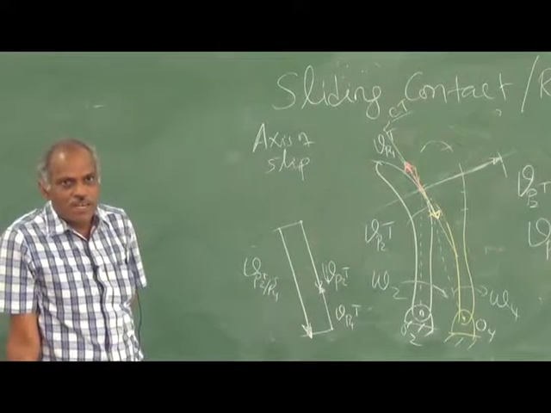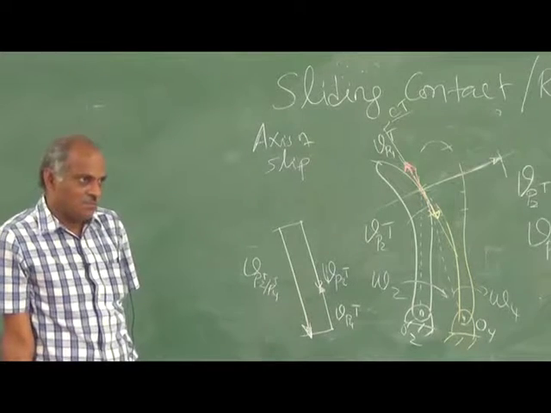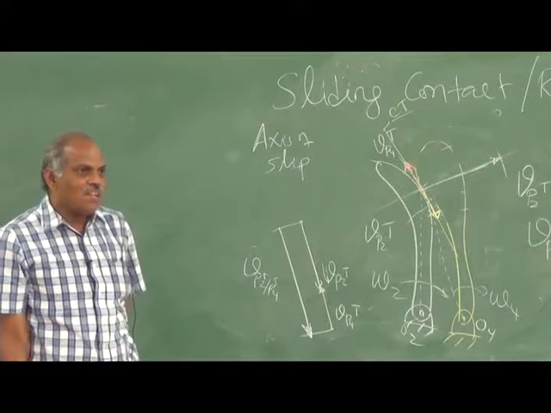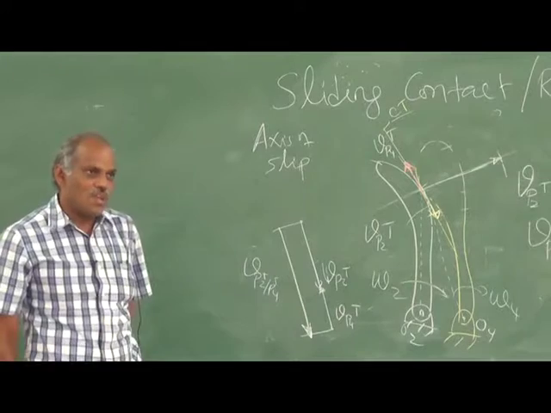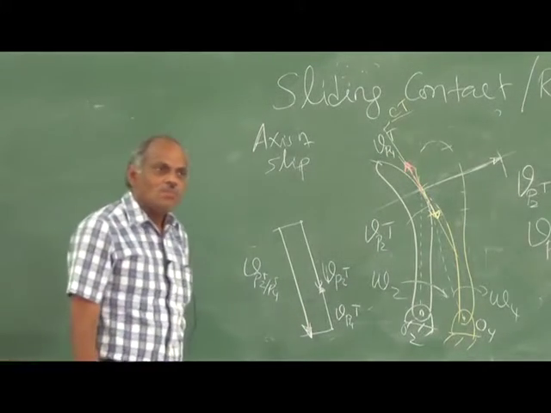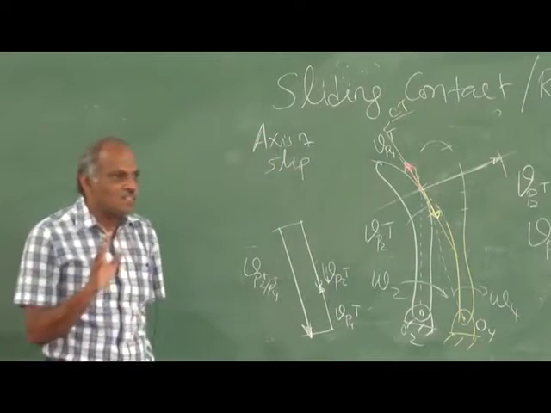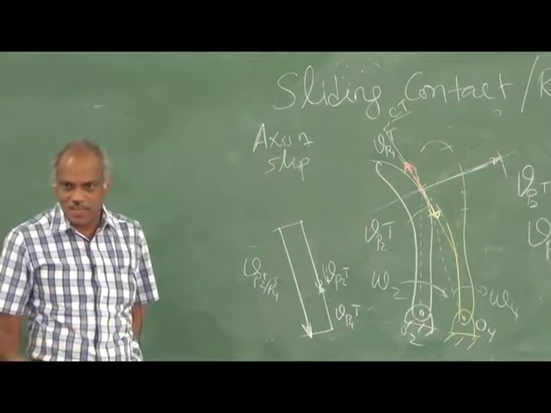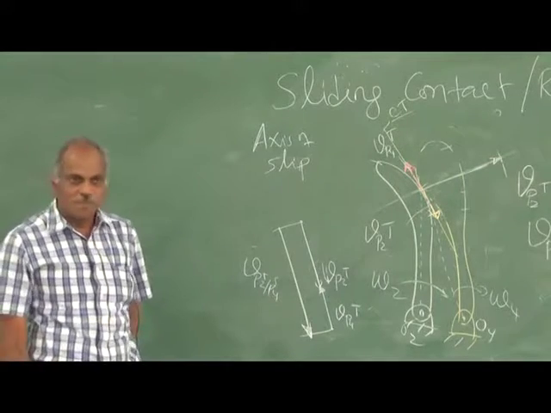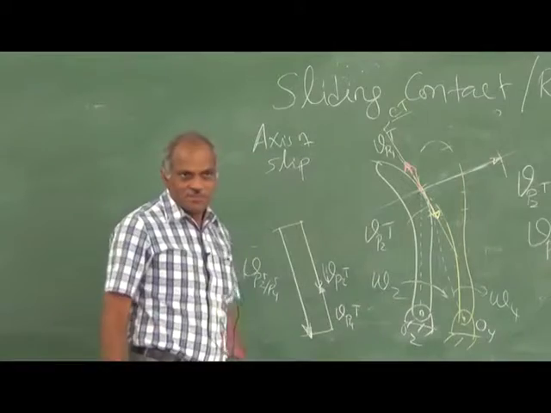You know the statement that the graveyard for kinetic energy is heat. So if there is any kinetic energy loss, you can always account for it in the final form as heat. So that is why it is said that the graveyard for kinetic energy is heat. So this will turn into heat.